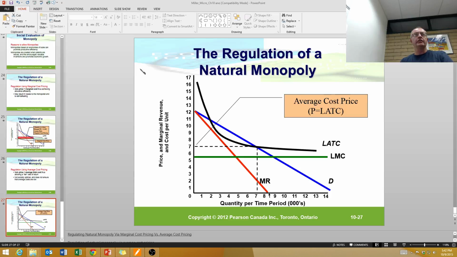If there was no regulation, the monopolist would be inclined to produce at the point where marginal revenue equals marginal cost. The monopolist wants to produce here and charge here. The government says, no, you're not producing enough of your product for society and your price is too high. So the government says, hey, we'll allow you to charge a price equal to your long-run average total cost, so the price comes down and the quantity increases above the point the monopolist would be inclined to produce at.